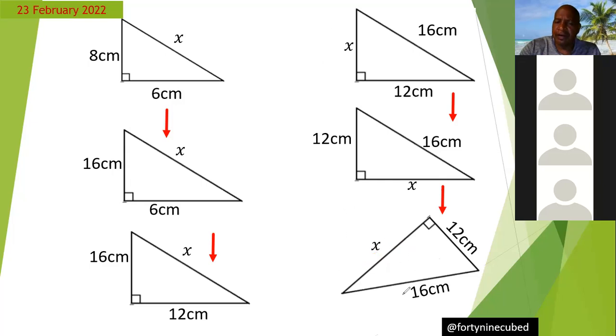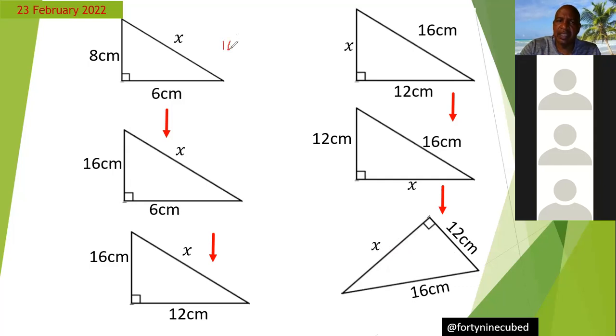So remember, the first thing we want to do is to write out the formula based on the sides that we get. Remember that the formula must start with the side of the hypotenuse. So which of these sides are you going to start with? Would the 16 centimeter be the hypotenuse? The 16 centimeter. All right.